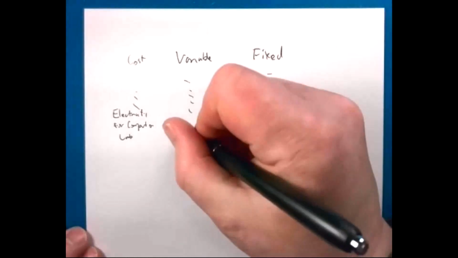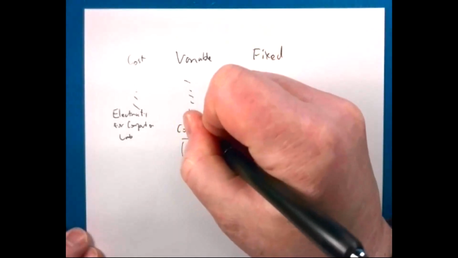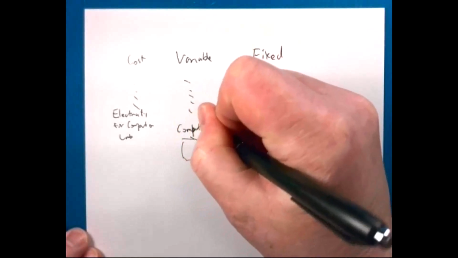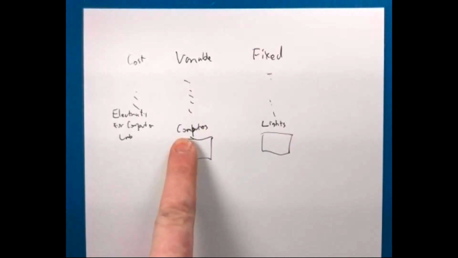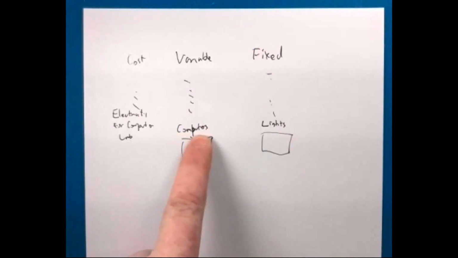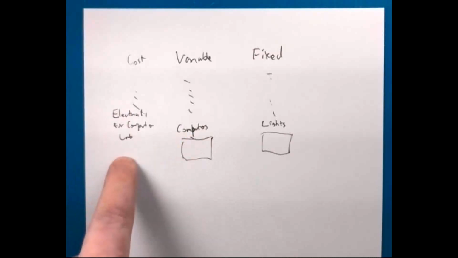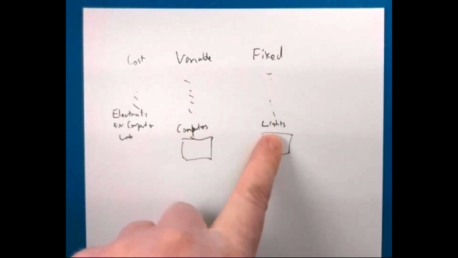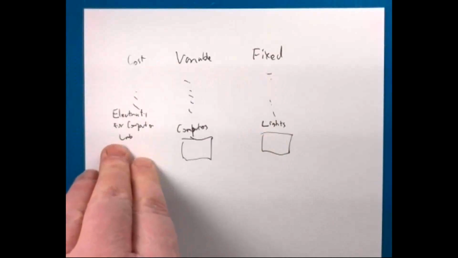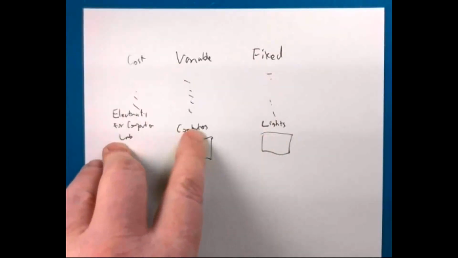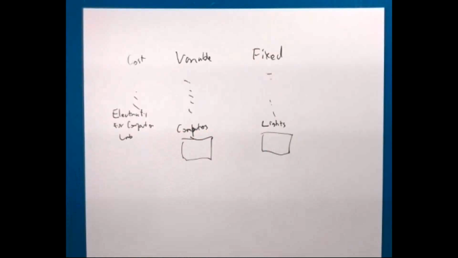The computers, though, are variable. If there's one person in the room, they're only using one computer. If there's two people in the room, they're using two computers, and so on and so forth. So if you look at an electric bill and try to classify it, it would be difficult, because some costs are hard to know whether they're variable or fixed. And it may be a little bit of both.